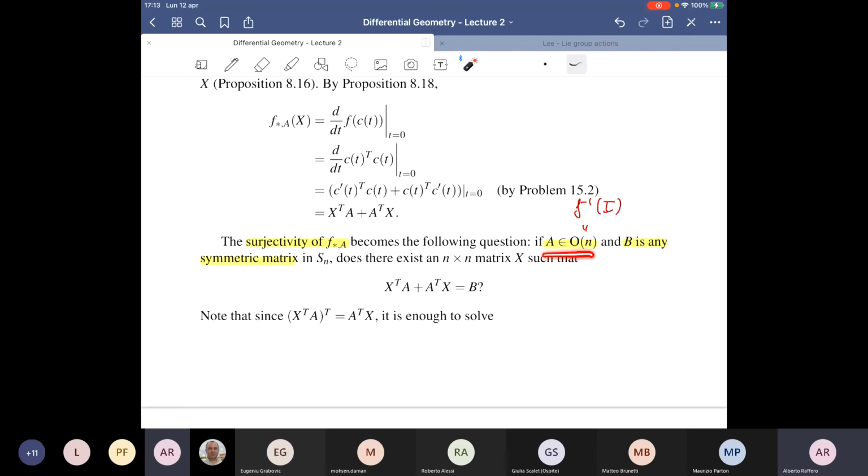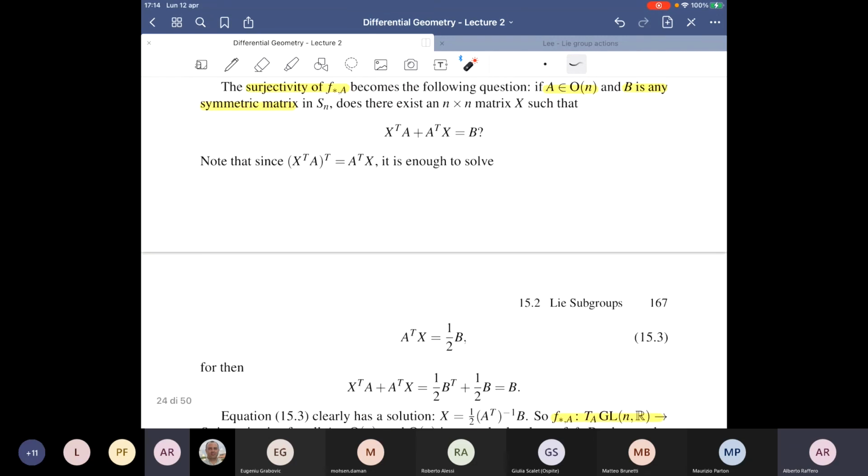So take any symmetric matrix B, which is in the codomain of the differential of f. Then what we ask is whether there exists a matrix X for which this matrix equals the matrix B we are considering. If this happens, then this differential is surjective at each point A in the preimage of the identity matrix, and so I will be a regular value and ON will be a regular submanifold.